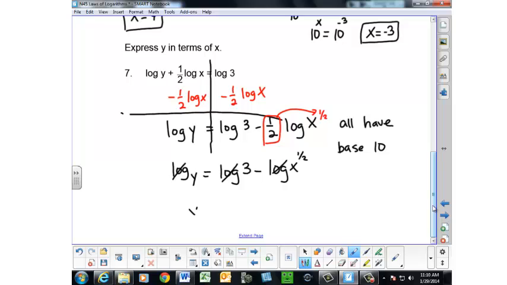And then I'm going to mark off all the logs there. Y equals 3 over x to the 1/2 power, which is the square root of x. That's your answer.